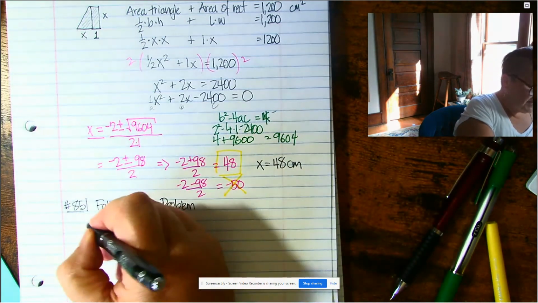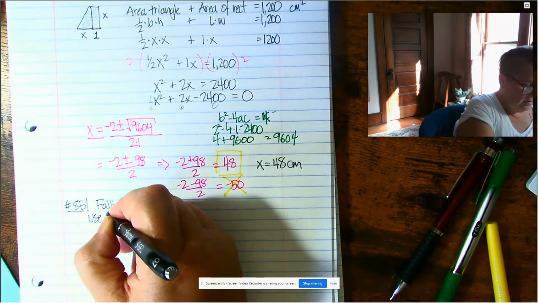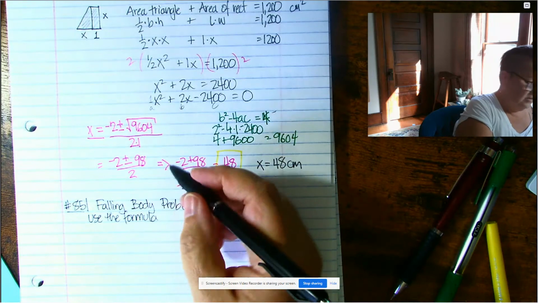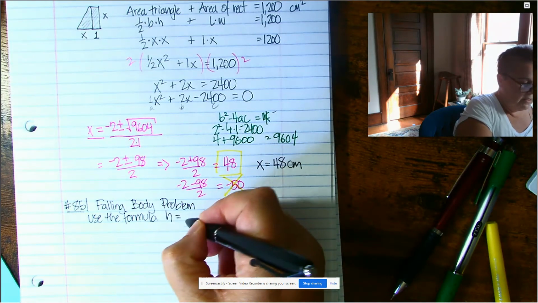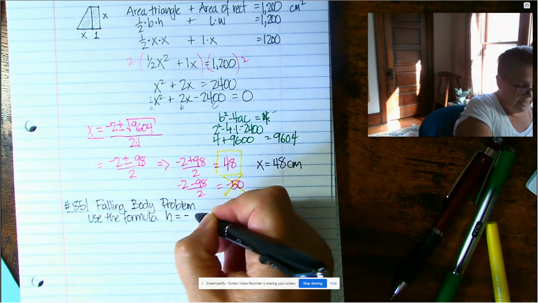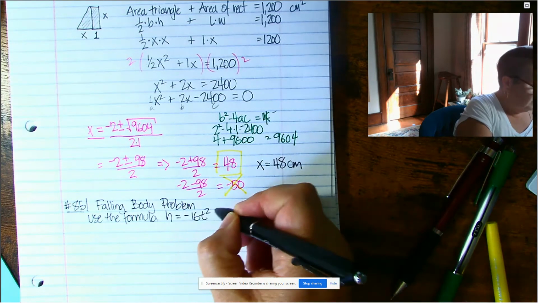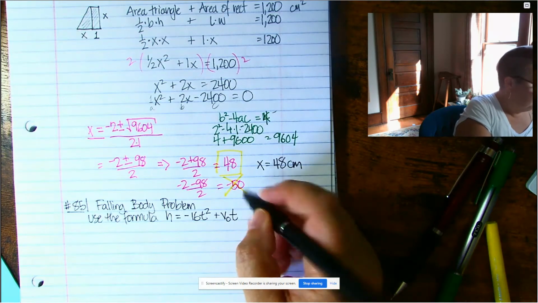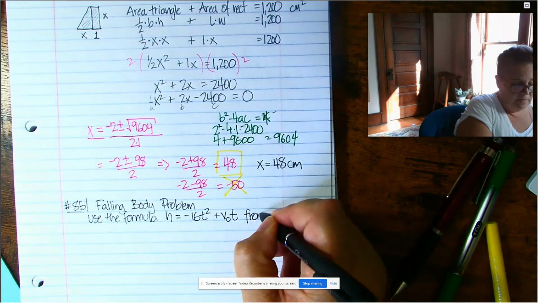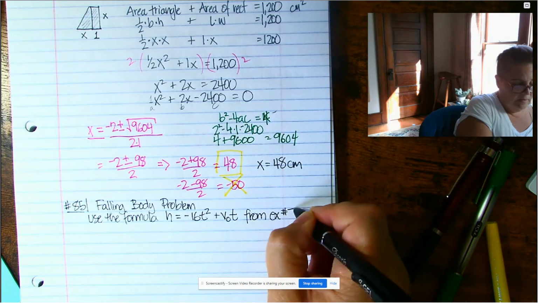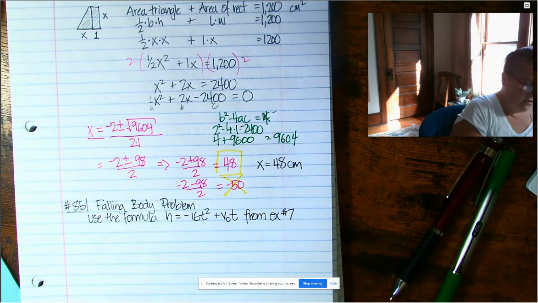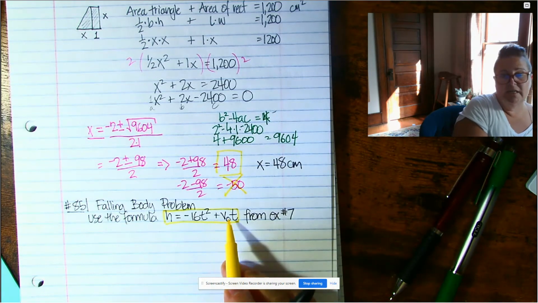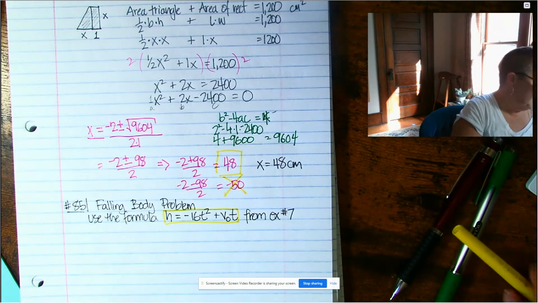So it says from example 7, use that formula where the height of a falling body is equal to negative 16t squared plus the initial velocity times time, from example 7. Okay, so it gives you the formula that you're supposed to use here. H is the height of the object. V0 is the initial velocity.